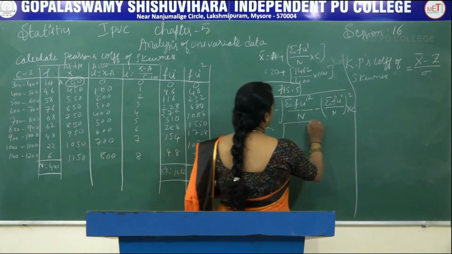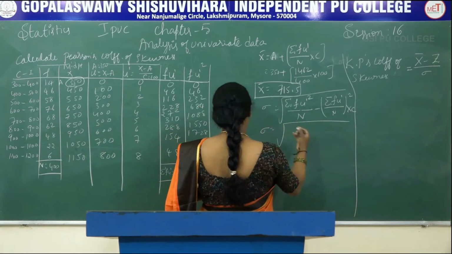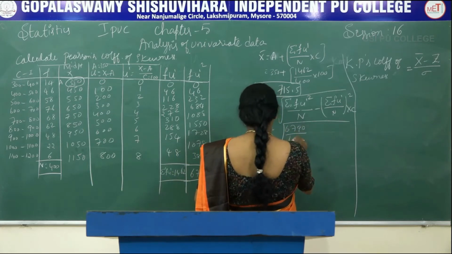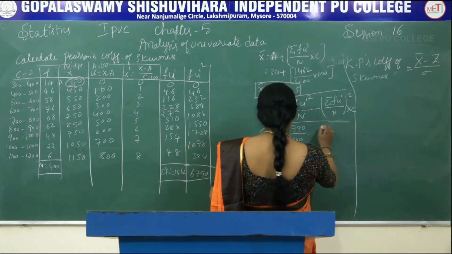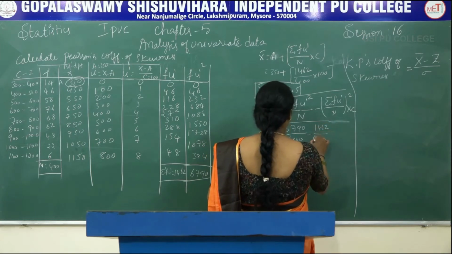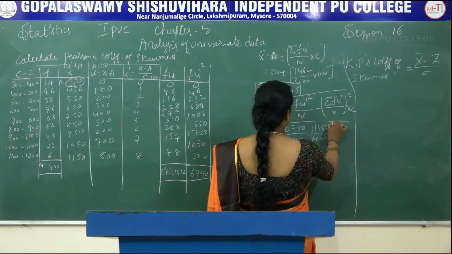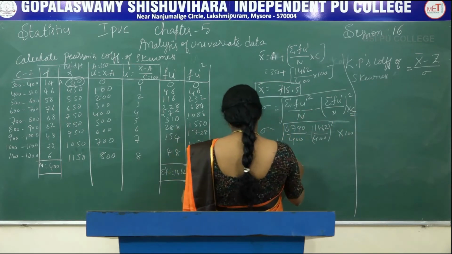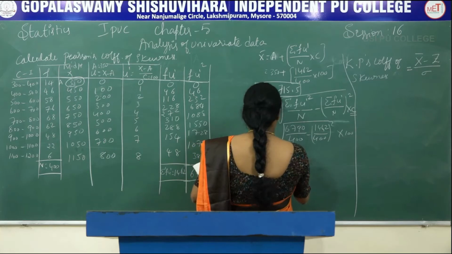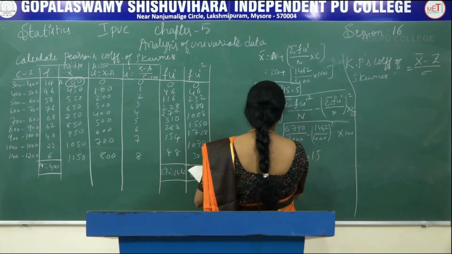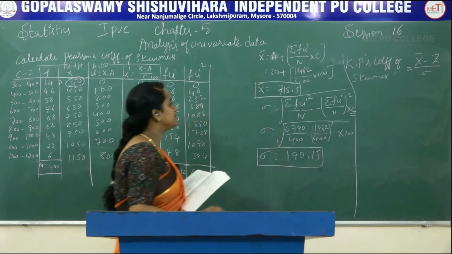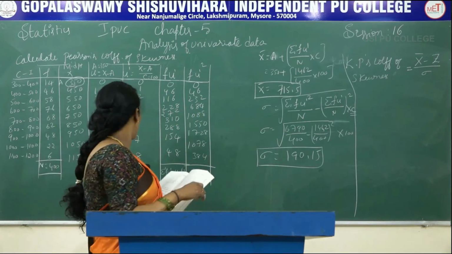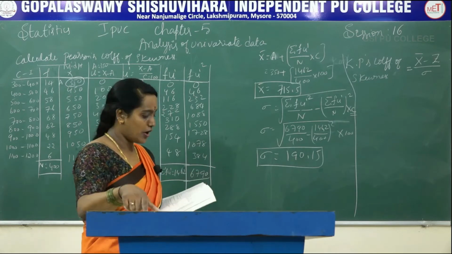So substitute the values: 6790 by 400 minus 1462 by 400 the whole square, into 100, where C is equal to 100. So your sigma value is 190.15.